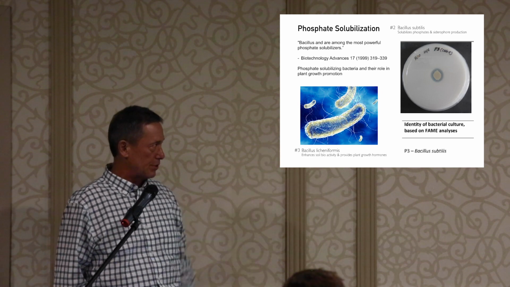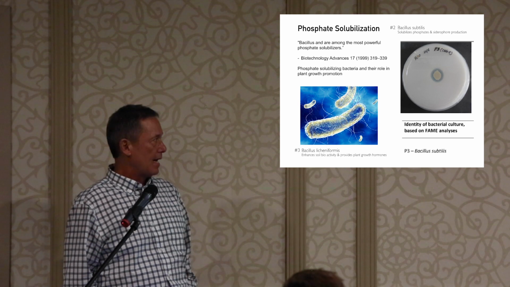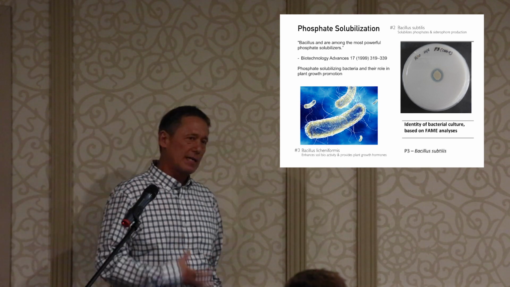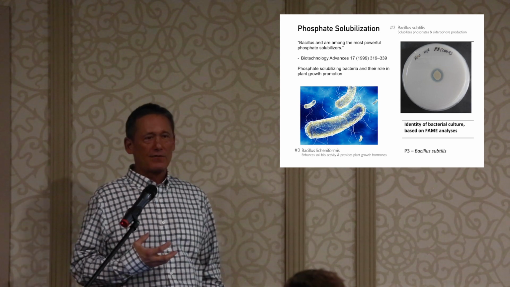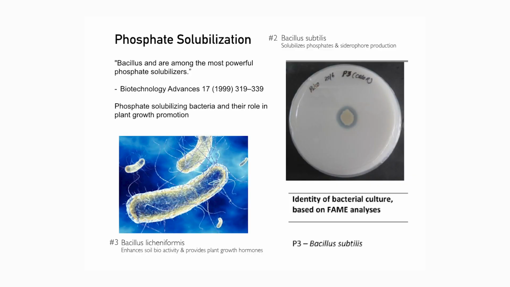This happens to be a Bacillus subtilis. The Petri dish on the right side of the chart there has tricalcium phosphate, TCP, in the plate media. And it's not soluble, it's insoluble, it looks like chalk when you have a pure supply of it.